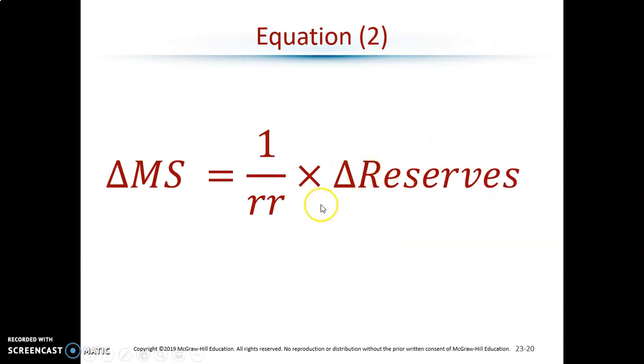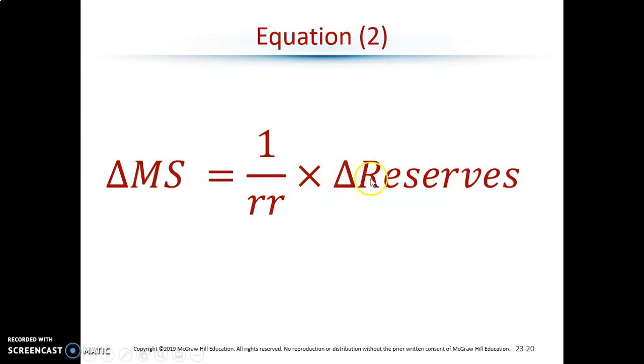The equation that you're going to use: the change in the money, remember this Greek letter delta, the triangle, MS stands for money supply here. RR, again, does not stand for railroad. It stands for reserve requirement. The change in the money supply that this multiplier is going to bring us to is going to be equal to the multiplier, 1 divided by the reserve requirement, which, because we're dividing by a decimal here, 0.1 if it's 10%, 0.15 if it's 15%, etc., we're going to get a number that is not a decimal, generally.